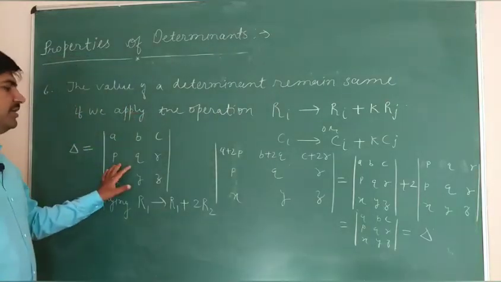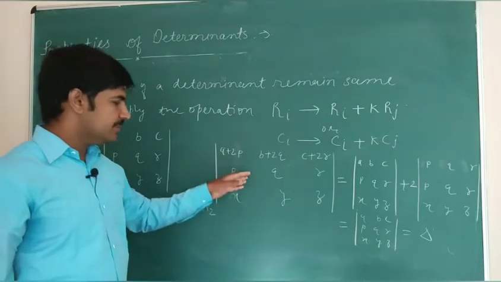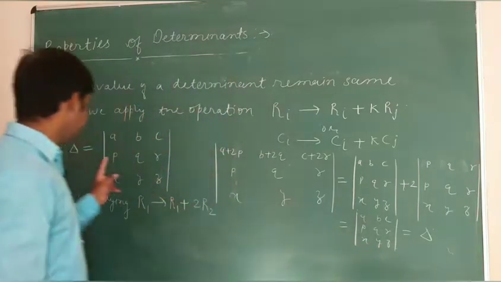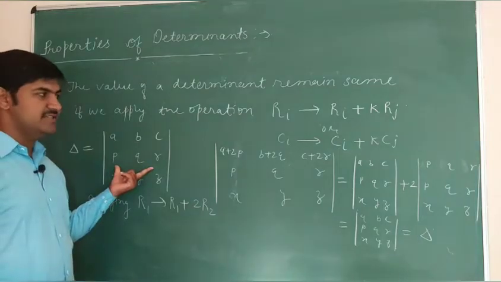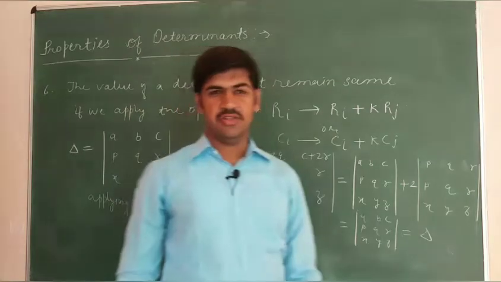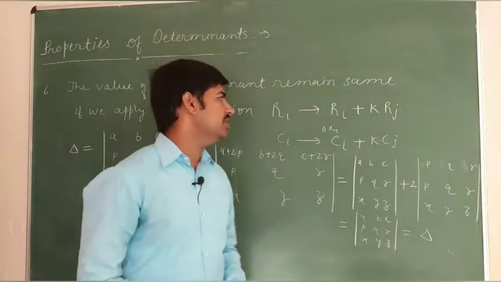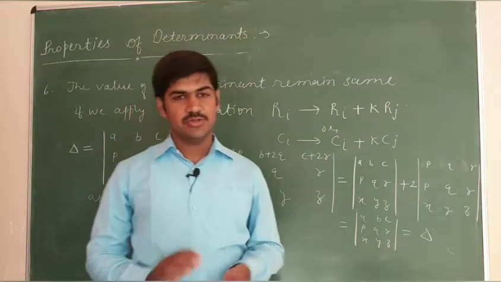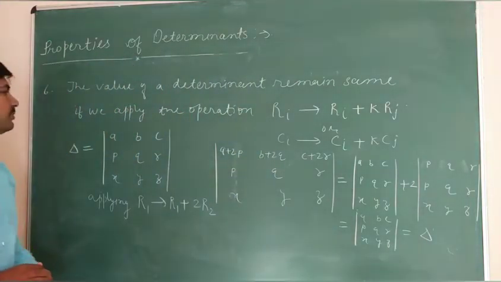So we took a determinant, we applied this type of operation, and after applying it we have proved that the value of determinant has come the same as the original value of determinant. Means the value of determinant hasn't changed if we apply this type of operation on the determinant. So this is our sixth property of determinants, the last property of determinants.